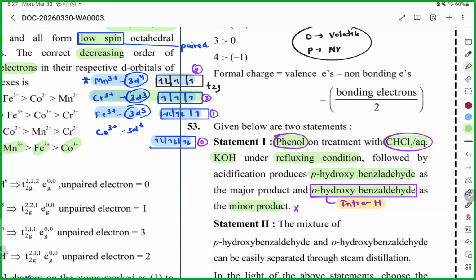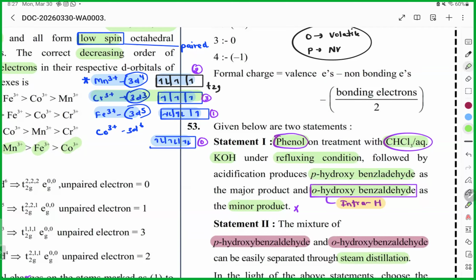Para has a high boiling point, ortho has a low boiling point, and we can separate by steam distillation in the same way as used for orthonitrophenol and paranitrophenol.